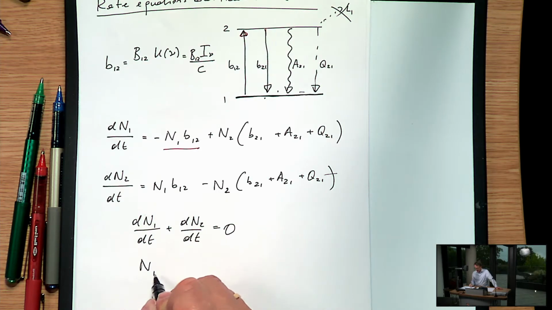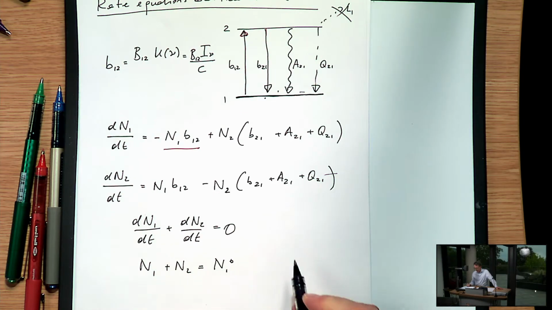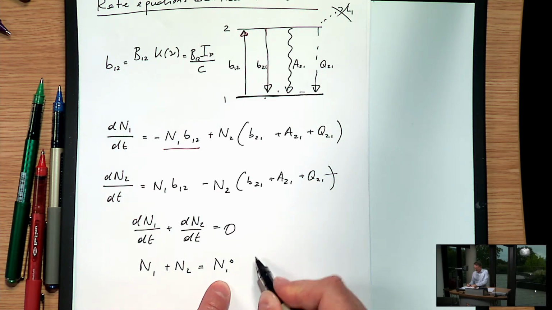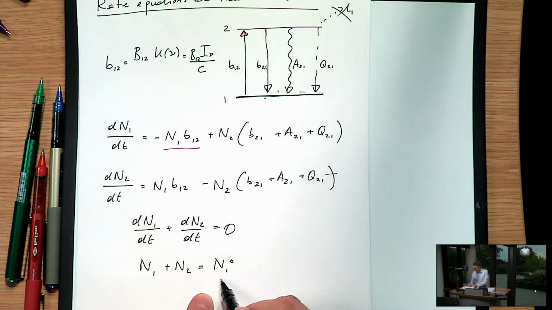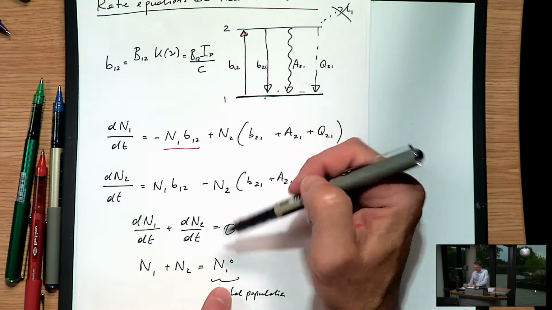So in other words, N1 plus N2 is equal to N1 naught. So this here is the total population, the total number of molecules.